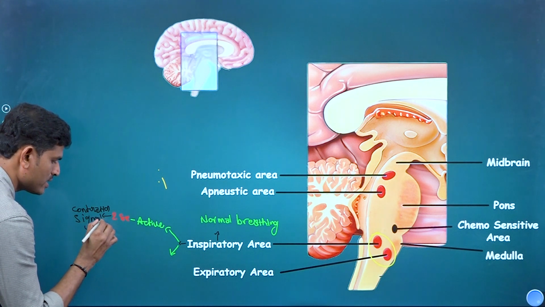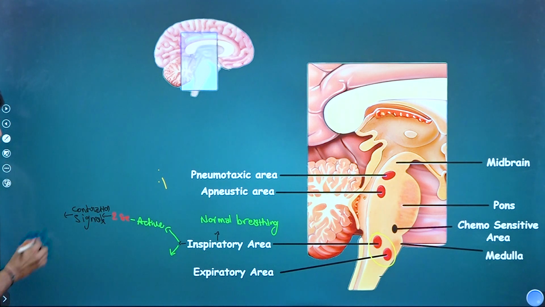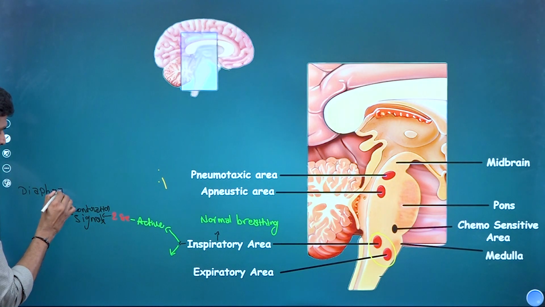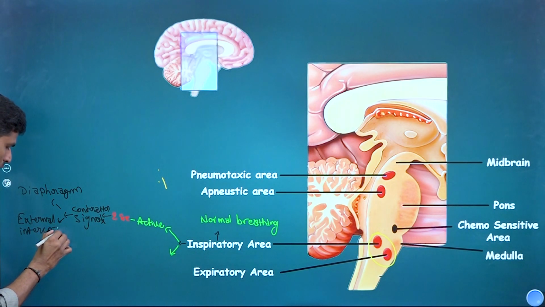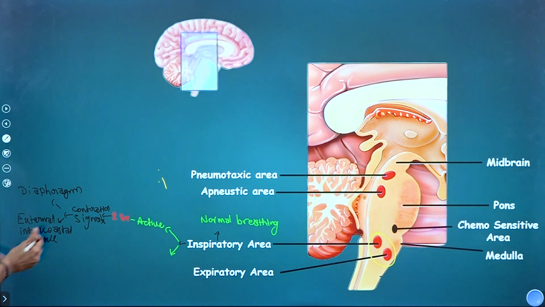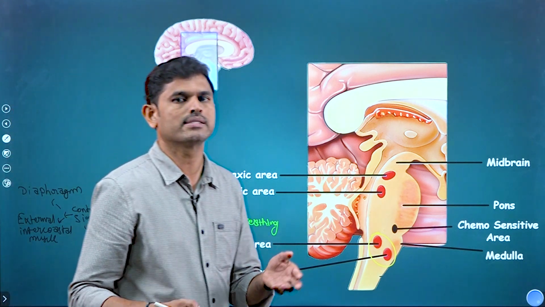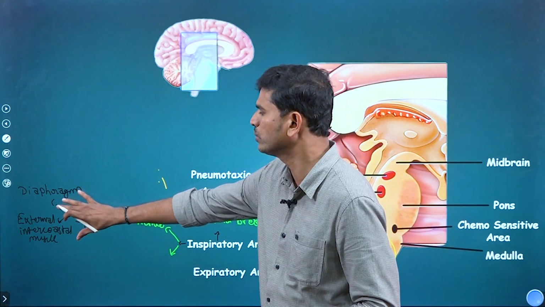These contraction signals are going to reach which ones? As we know, the inspiratory muscles. One is the diaphragm, and another one is the external intercostal muscles. So these two are going to contract. ये contract होने तो क्या होगा? The result is inspiration is going to take place.